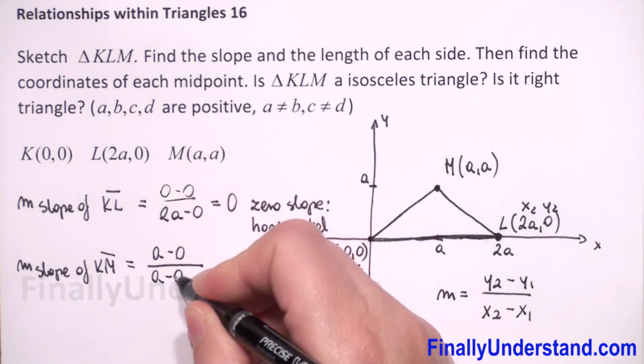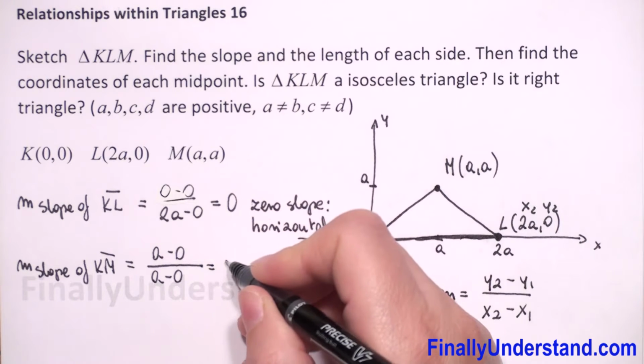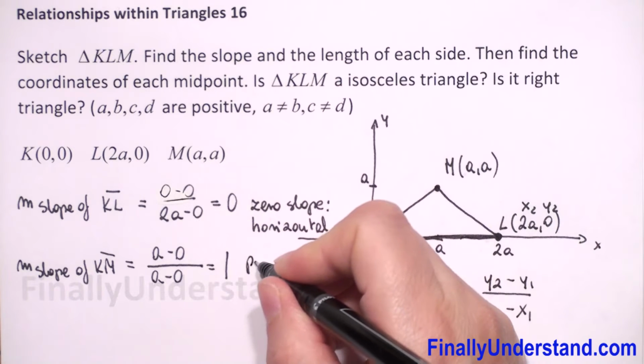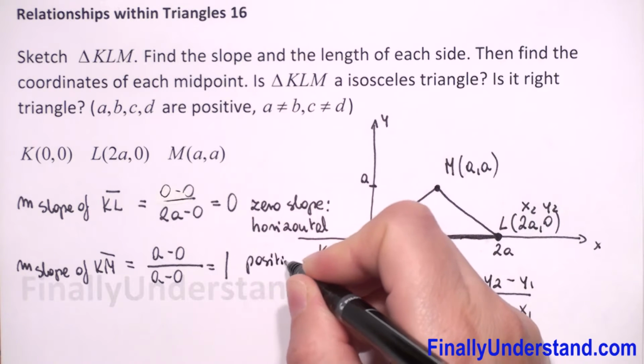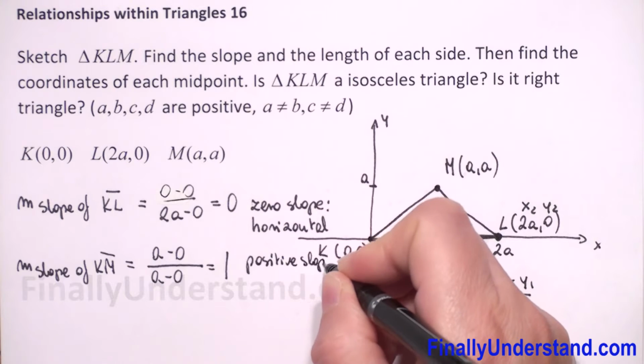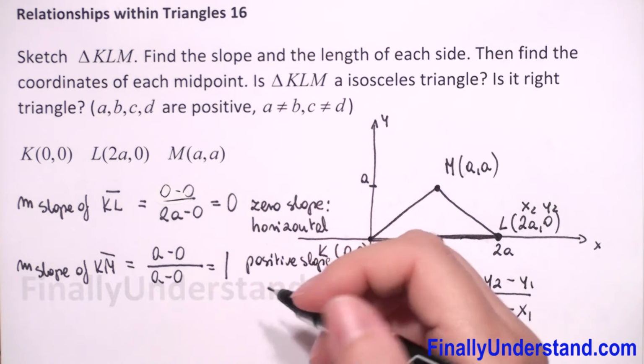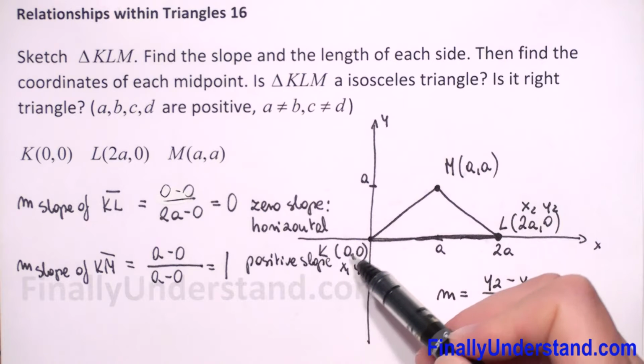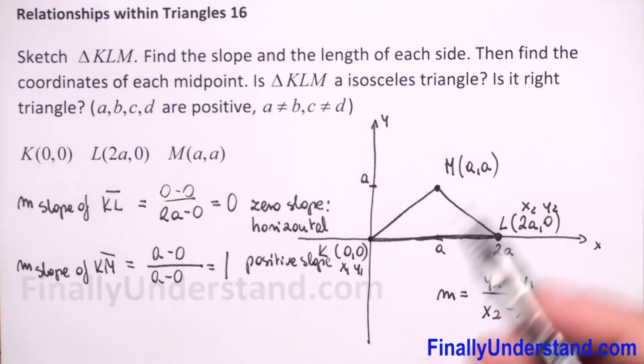So a over a, so we have 1. And we see that we got positive slope, it means that our line rises from the left to the right.